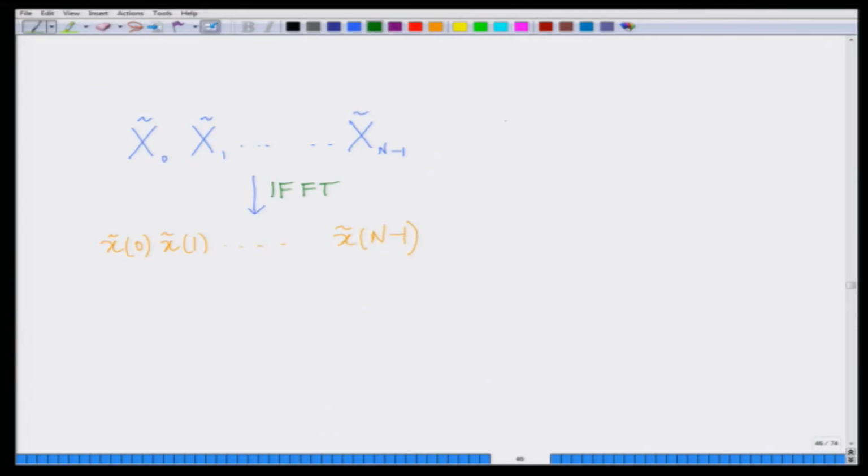In the second OFDM symbol, let us say I have symbols X0, X1 up to X n minus 1. I again use the IFFT operation to generate the corresponding samples of the transmit signal x of 0, x of 1, up to x of n minus 1.